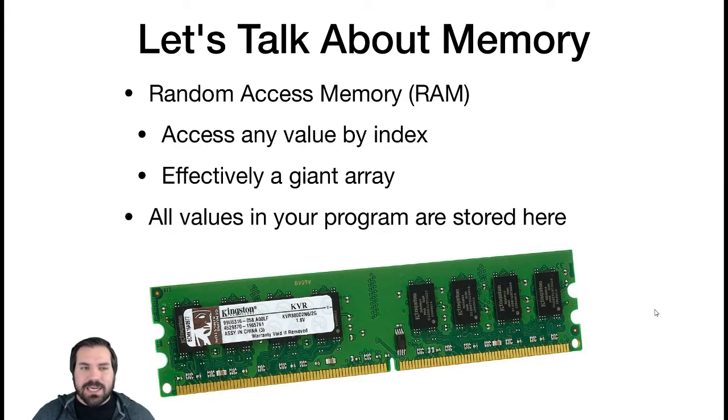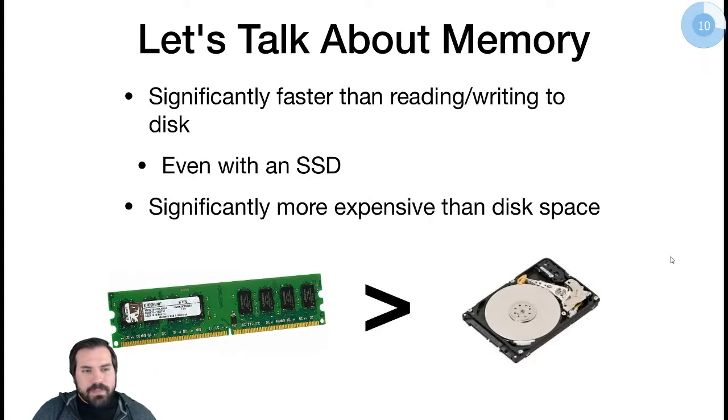So this RAM stick has this memory, and we want to use that to store all the values of our program. And this is where everything with our programs is going to be stored until we have some file I/O and we're accessing the hard drive. So RAM is much, much faster than disk space. If we ever have to save to disk, even if it's an SSD, a solid state hard drive, the RAM is much more efficient.